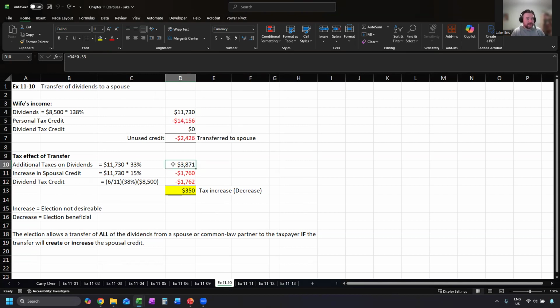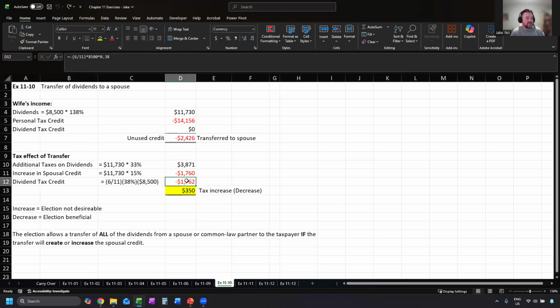So additional taxes will be 3,871, but we'll be able to increase the spousal credit. Right now, only 2,426 is being transferred. So we'll be able to increase that spousal credit by the amount that was being used to reduce the dividend income. So 11,730 times the credit rate of 15%, we will save 1,760 in taxes by increasing the spousal credit.